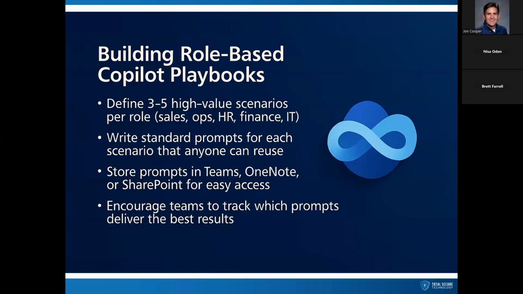Did you give it a thorough prompt? I want to ask, what exactly did you tell Copilot to give you? So the idea behind creating Copilot playbooks is that you put some thought into the prompts that people should be using on a super regular basis for each department.